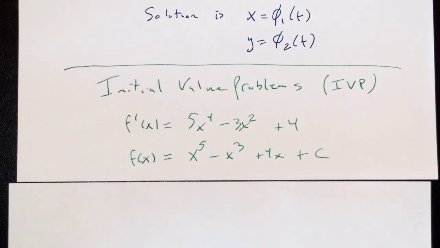The difference between a general solution to a differential equation and a particular solution is having initial values. In Calc 1, that typically looked like I gave you a little bit of extra information.